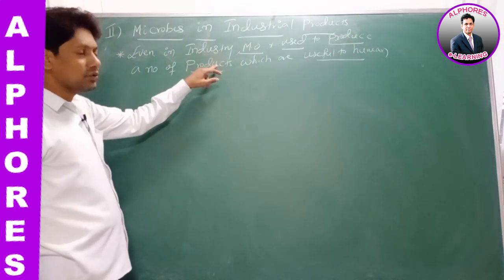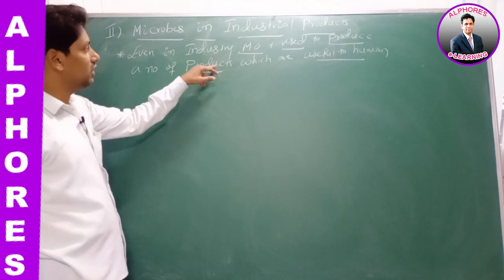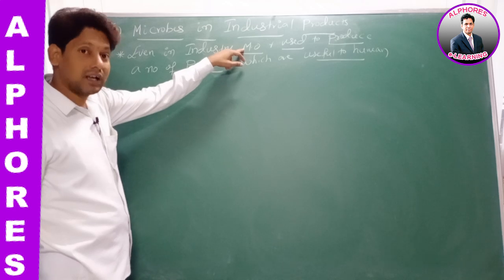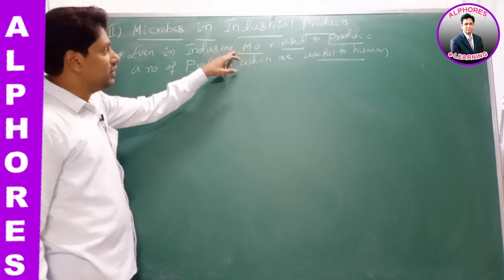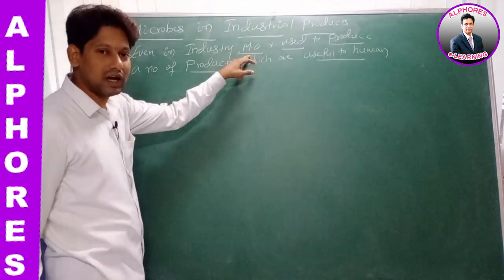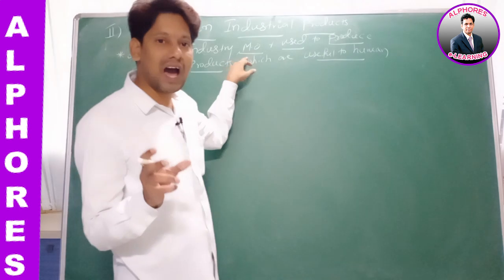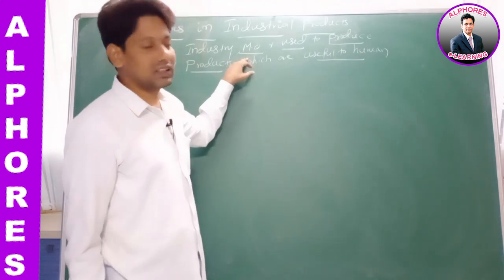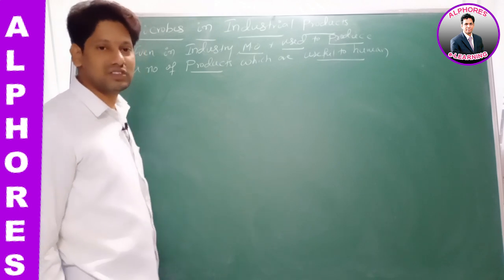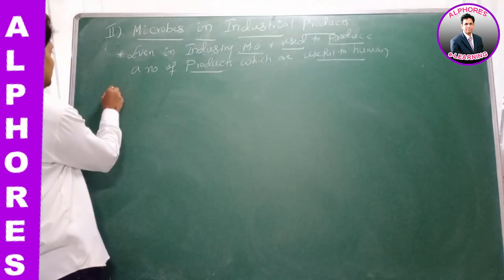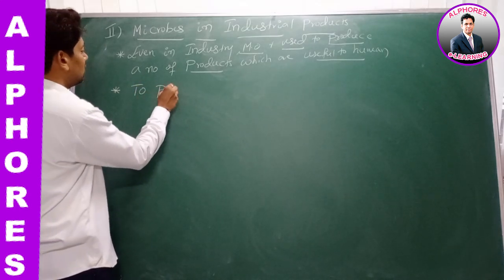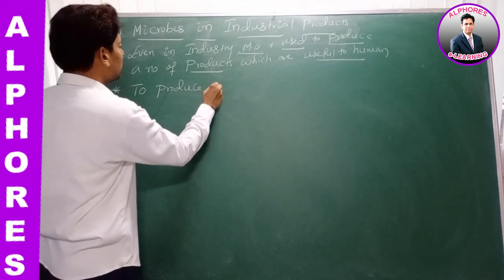But to produce a product in industry by using microorganisms on a large scale, we have to culture these microorganisms. We have to grow these microorganisms in very large vessels. Those large vessels are called fermenters.